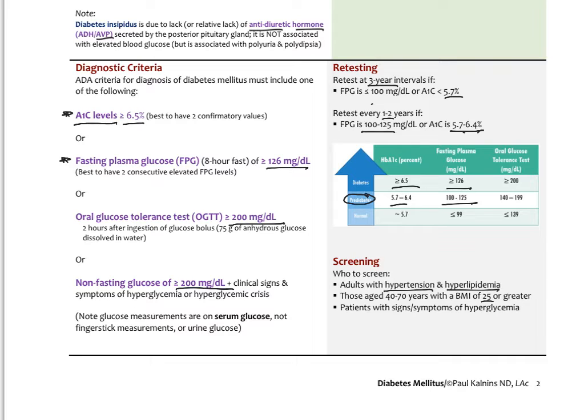It's pretty common practice for most patients who present to the doctor for, let's say, a yearly checkup to get their blood tests, to just order an A1C at that time. Remember that the fasting plasma glucose will be found on the complete metabolic panel. It's one of the measures in the CMP. Again, if the CMP is done fasting, we can get the fasting blood glucose from that. Okay, so that's the diagnostic criteria, retesting and screening criteria for diabetes.